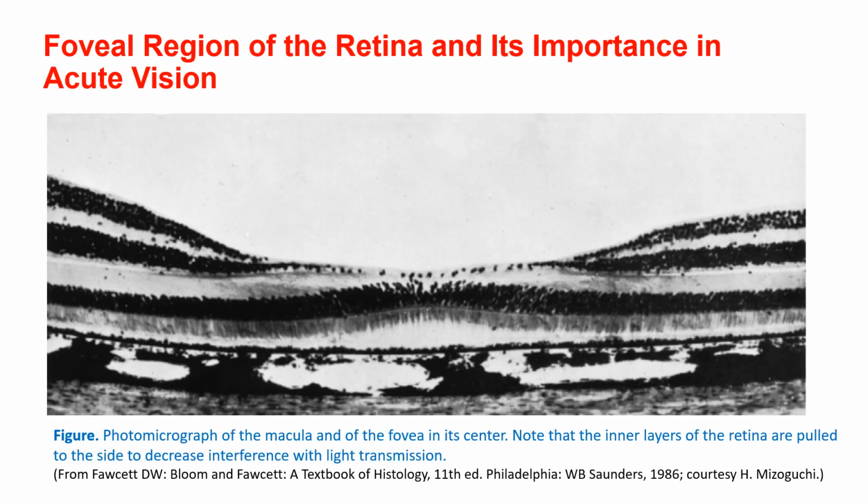Foveal region of the retina and its importance in acute vision. The fovea is a minute area in the center of the retina, shown in figure, occupying a total area a little more than 1 square millimeter. It is especially capable of acute and detailed vision. The central fovea, only 0.3 mm in diameter, is composed almost entirely of cones. These cones have a special structure that aids their detection of detail in the visual image.